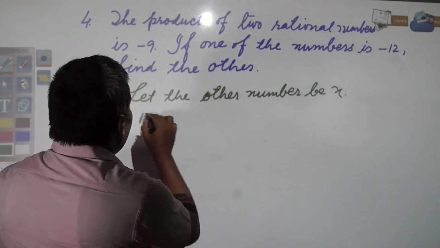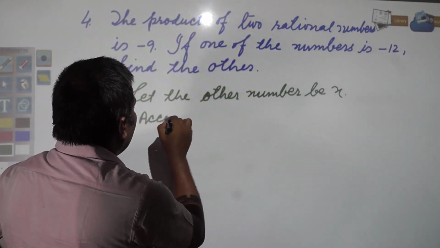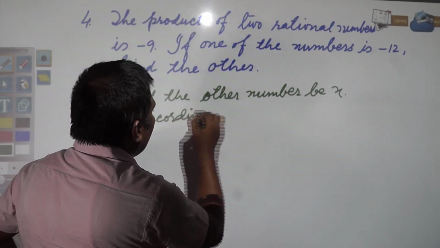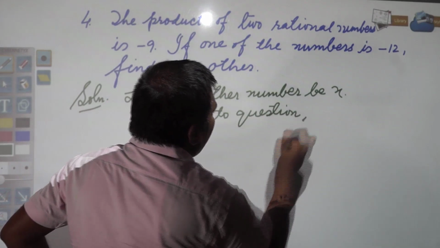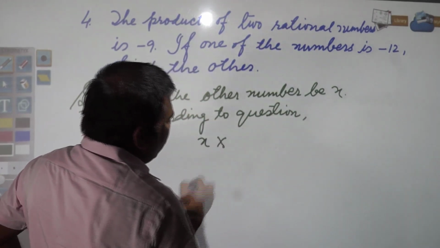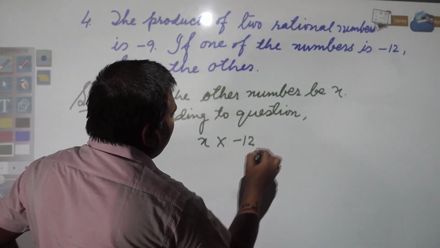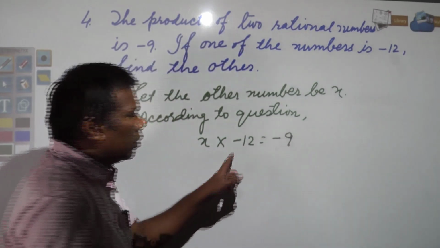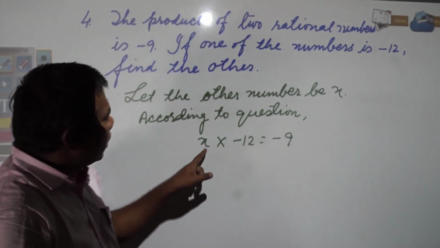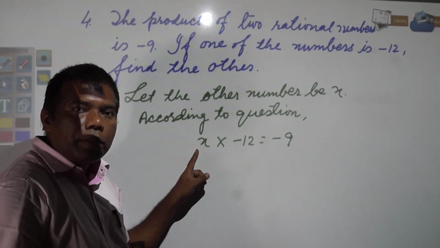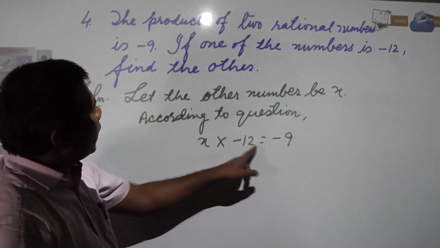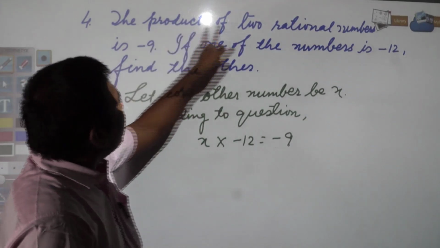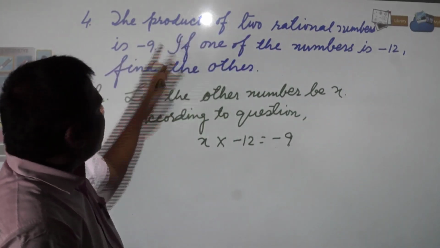It means, according to the question, what you have: x into minus 12 is equal to minus 9. The other number you have assumed is x, and the given number is minus 12. Product is what? The product of two rational numbers is minus 9.